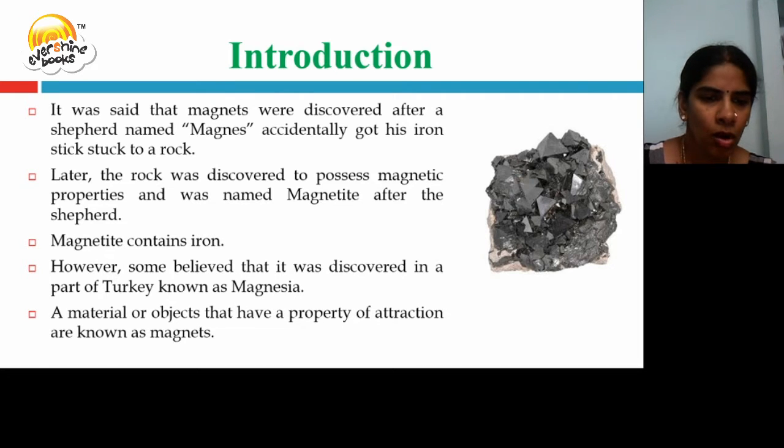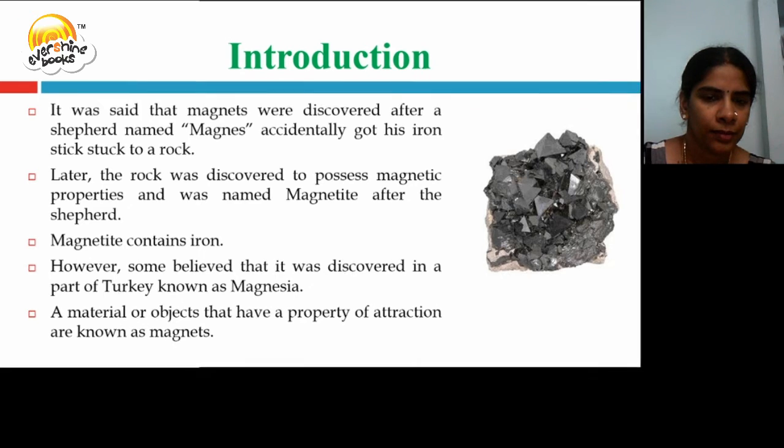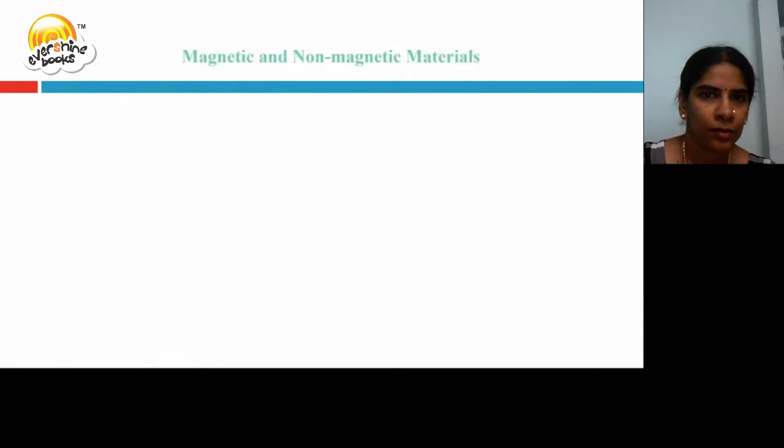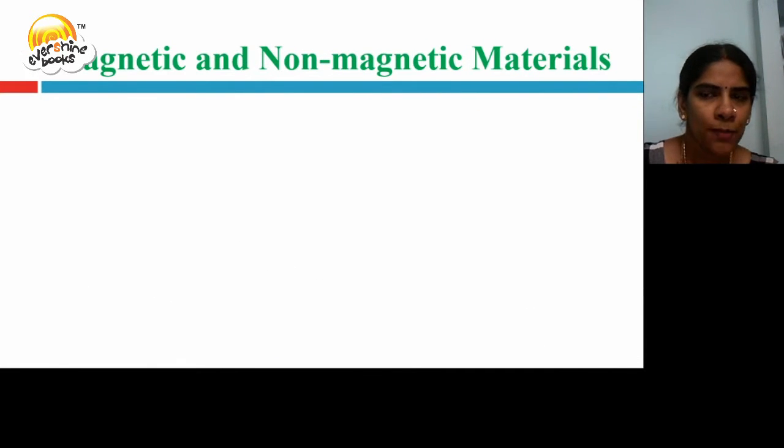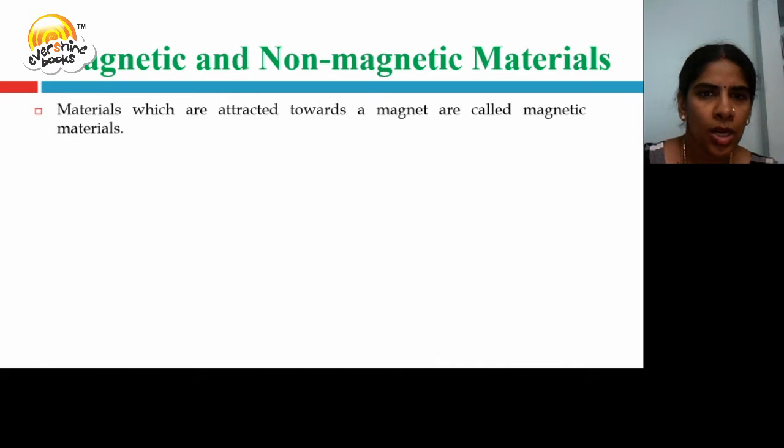A material or object that has the property of attraction is known as a magnet. Two types of materials are there, that is magnetic and non-magnetic. Materials which are attracted towards a magnet are called magnetic materials.